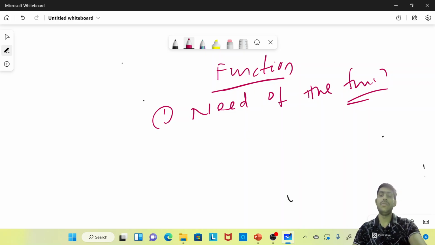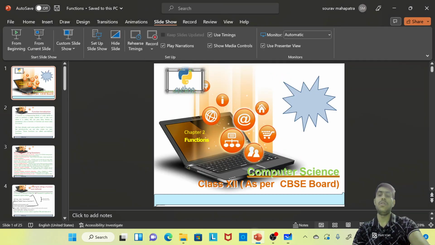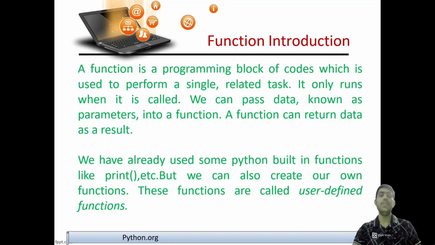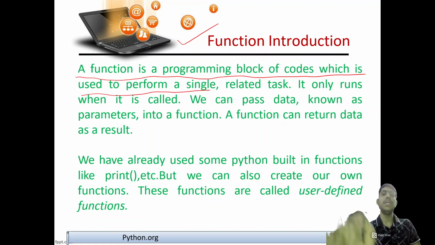Okay. So let's start. So here it is a function. So function introduction. A function is a programming block of code which is used to perform a single related task. It only runs when it will be called.